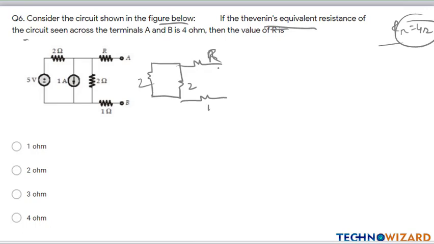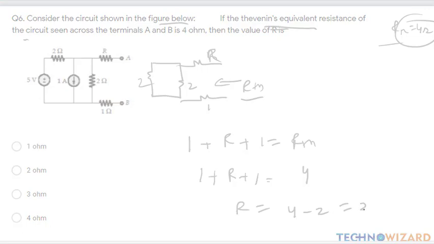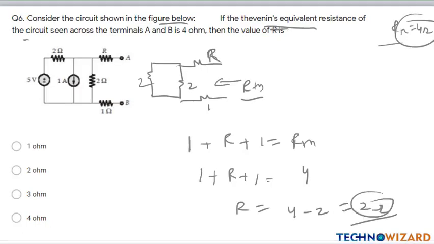From here we can calculate our RTH. 2 parallel 2 is 1, and 1 plus R plus 1 is equal to RTH, and RTH is given as 4 ohm. Therefore R plus 1 plus 1 equals 4, R is equal to 4 minus 2, that is R is equal to 2 ohm, will be the correct answer. Option B.